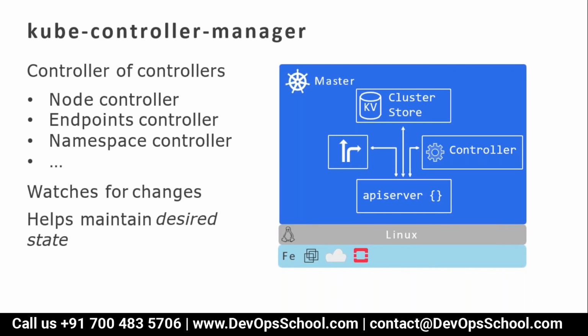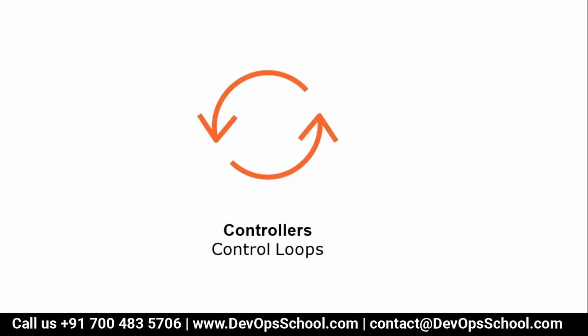For example, I have been saying so many times, who will make sure that the 100 containers you wanted stay 100, not 99, not 101? Who will control? Controller manager. It will create one controller, and this controller will keep checking 100, 100, 100. The moment it becomes 99, it will be a problem.